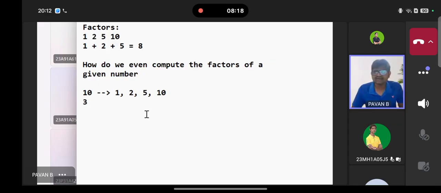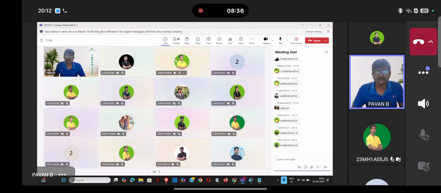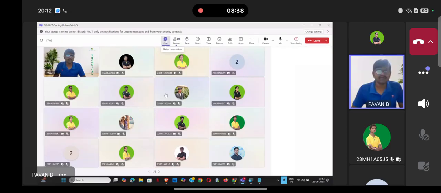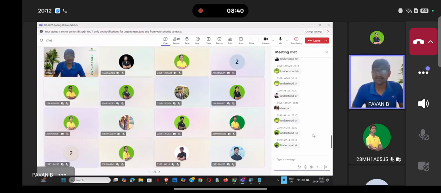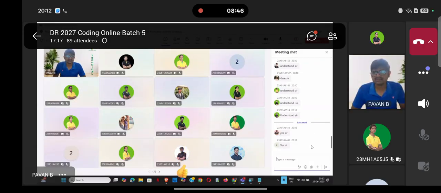Without checking 3, you cannot conclude that 3 is not a factor of 10. You may argue that you didn't, but internally your brain does this at lightning speed. Do you agree, guys?